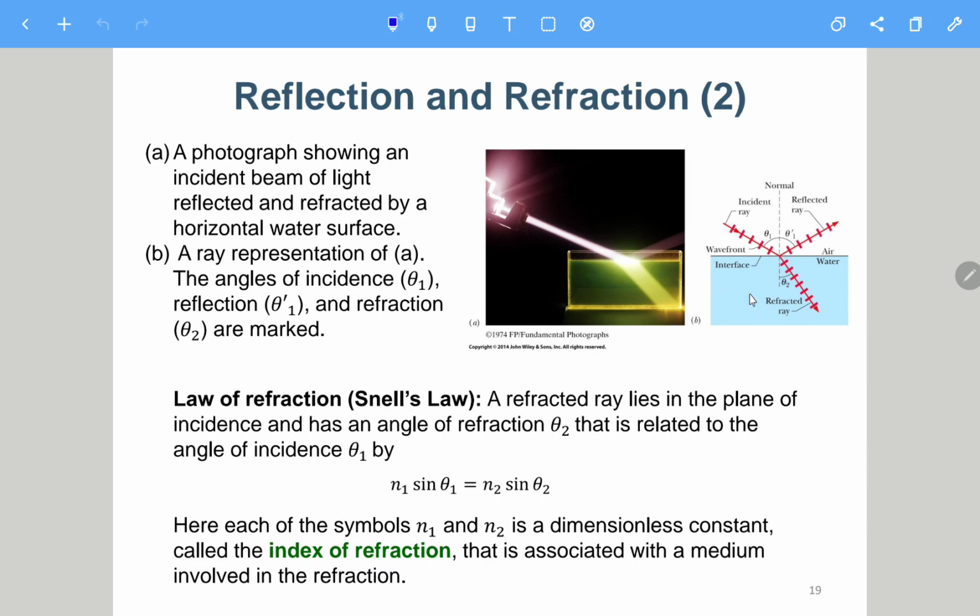For example, consider water. Just say the velocity of light in the water is Vw, and c is the speed of light.